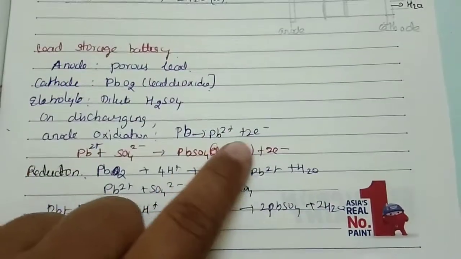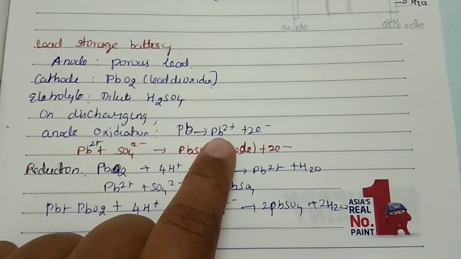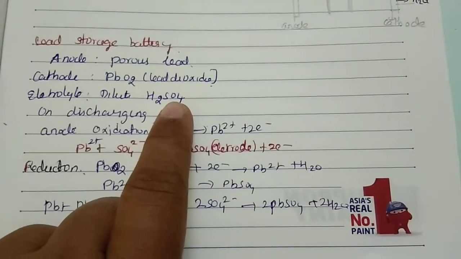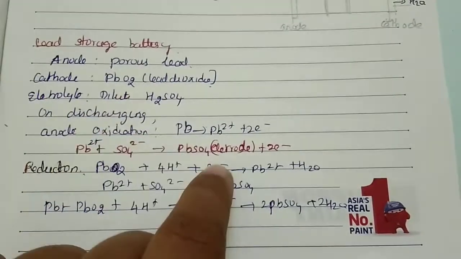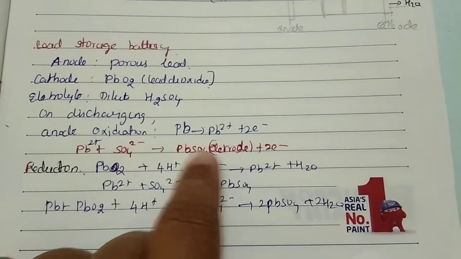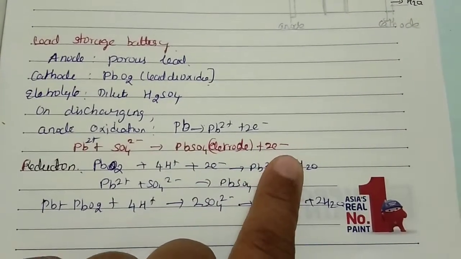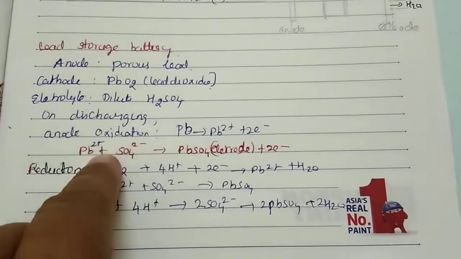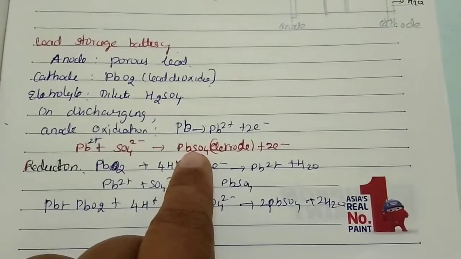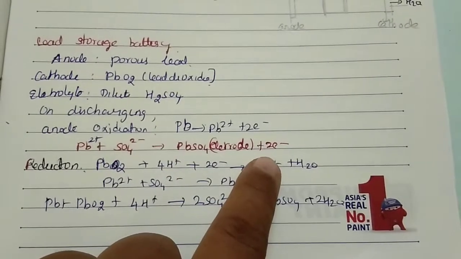That lead leaves 2 electrons and forms Pb2+ ion. That Pb2+ ion reacts with the SO4 2- ions of the electrolyte and forms PbSO4, which is deposited on the electrode, plus 2 electrons.